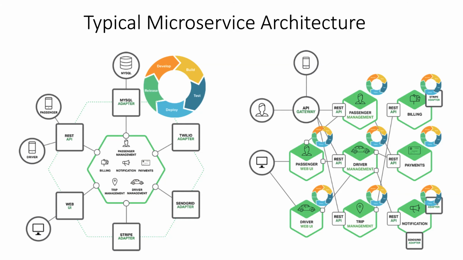As you can see, there are tons of services here: messenger, passenger, billing, payment, driver. All of these are microservices, but they are all accessed through an API gateway, which only handles the north-south bound. Once it enters Kubernetes, we also need to work out how to secure that API.